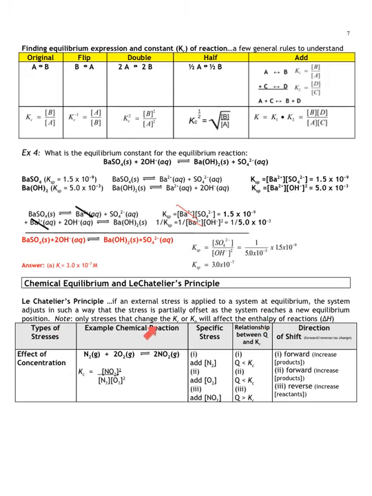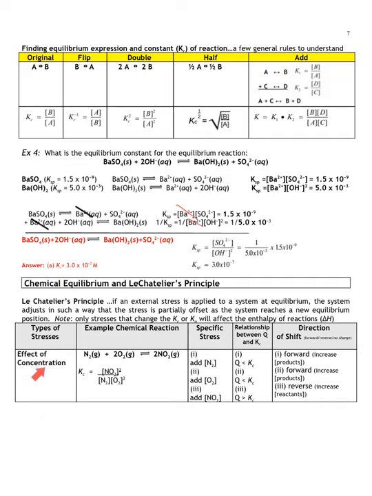Note, only stresses that change the Kc or Kp will be affected by the enthalpy of the reactions. And we'll talk about that. So in other words, anything dealing with temperature will impact this K. We'll again talk about that later when we get to the temperature stress.